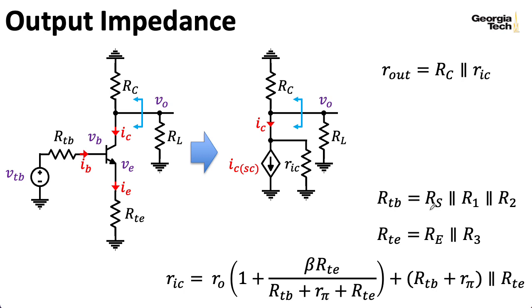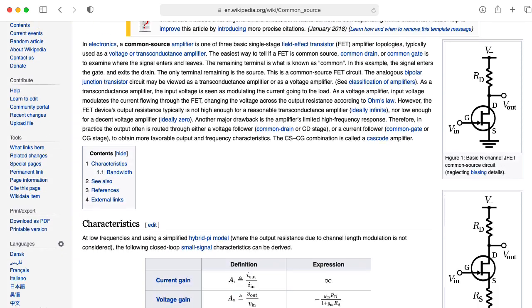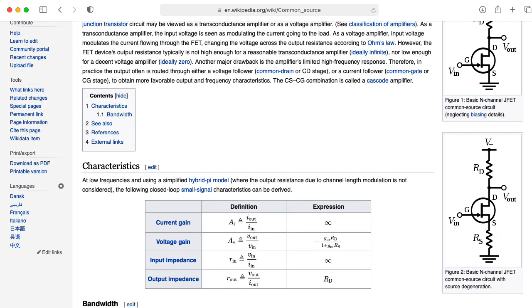The output impedance of a common collector amplifier can depend on the output impedance of the source that's driving it. And that can complicate your thinking a bit. That's not an issue with something like a common source amplifier if you're using a FET, either a JFET or a MOSFET, since we assume that there's no current flowing through the gate.